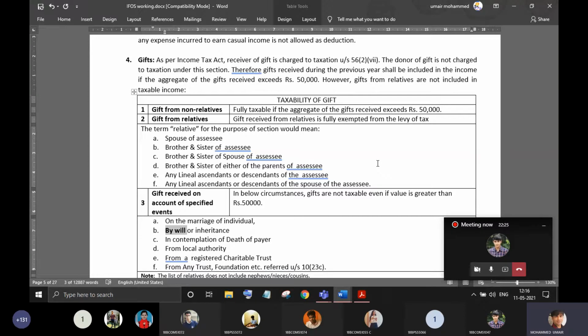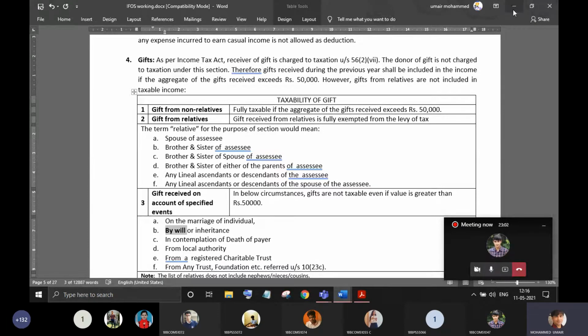In other words, when we say cousin, it means your mother's brothers' and sisters' children or your father's brothers' and sisters' children. But cousins do not fall under the category of relative. As you can see here, it says brothers and sisters of associate or brothers and sisters of spouse of associate, but nowhere does it say children of brothers and sisters of associate. Therefore, cousin is a non-relative.